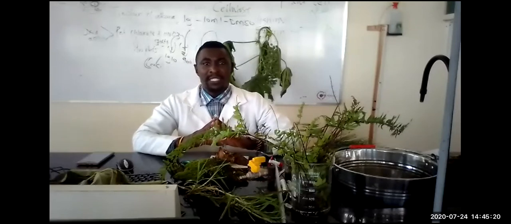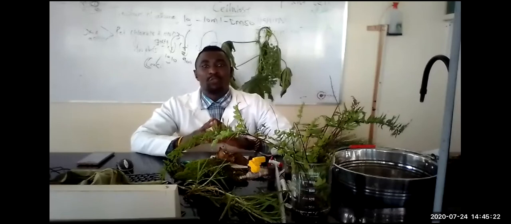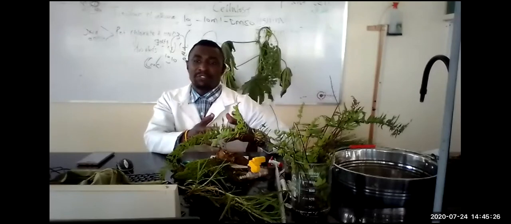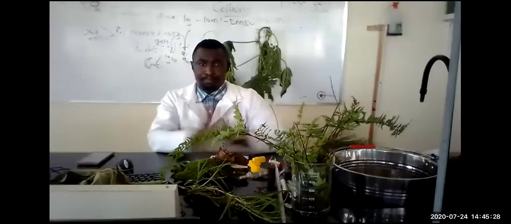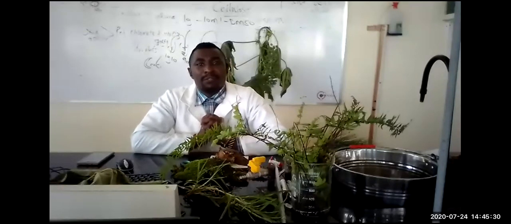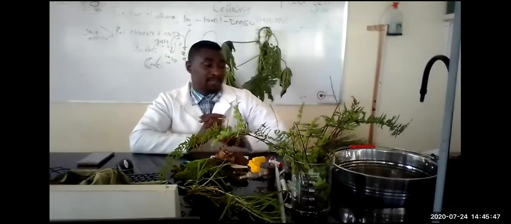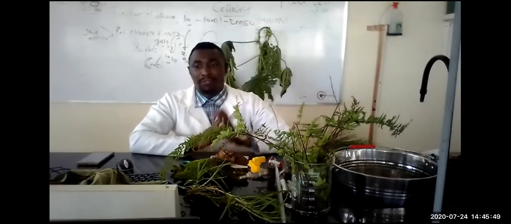The seeds of these gymnosperms tend to be very naked, which means they are not enclosed within a fruit. The perennial and the evergreen plants, which are very woody, are the ones which belong to this subgroup. An example of them is pine. I will show you where the pine is and how it's falling over there.